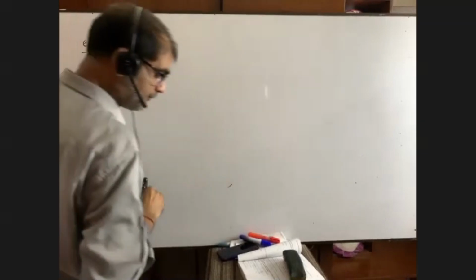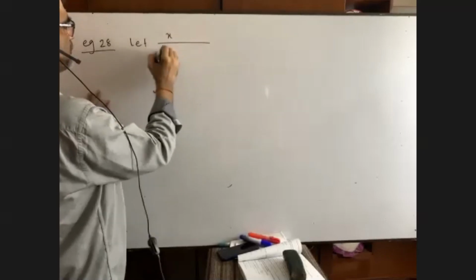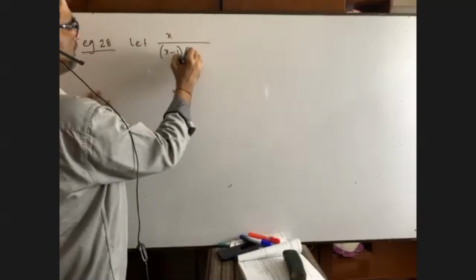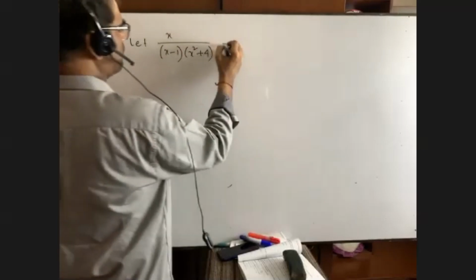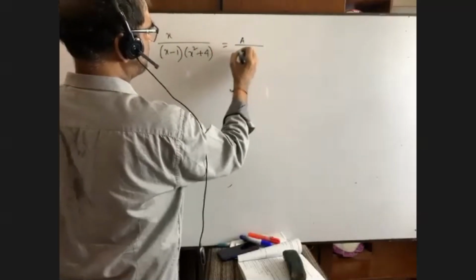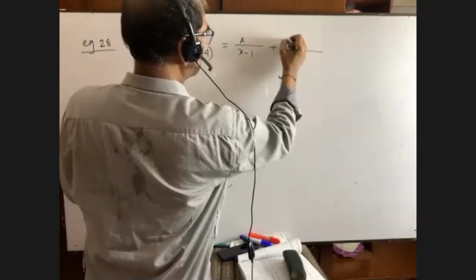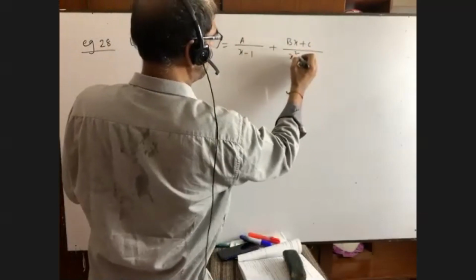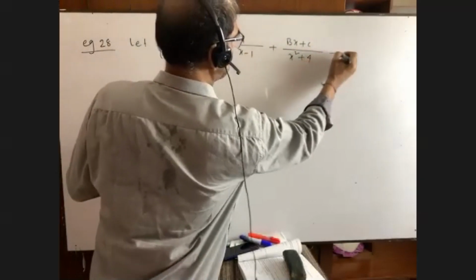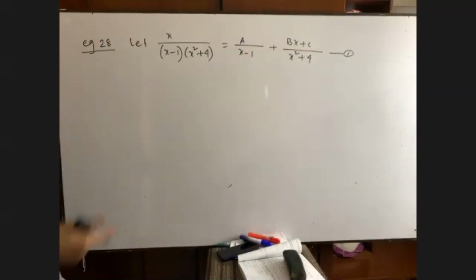Let x by (x - 1)(x² + 4) equal, you do it by yourself, A by (x - 1) plus (bx + c) by (x² + 4). Okay, right? As it is x² + 4. Now carry on, please do it by yourself.